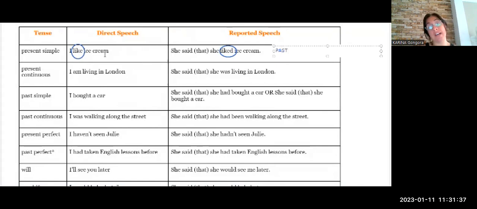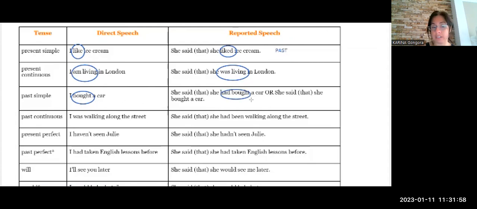She, of course, instead of I, and then the verb with ed. When you have present continuous, of course, you are going to use past continuous. When you have simple past, you're going to use past perfect. When you have past continuous, you are going to use past perfect continuous.